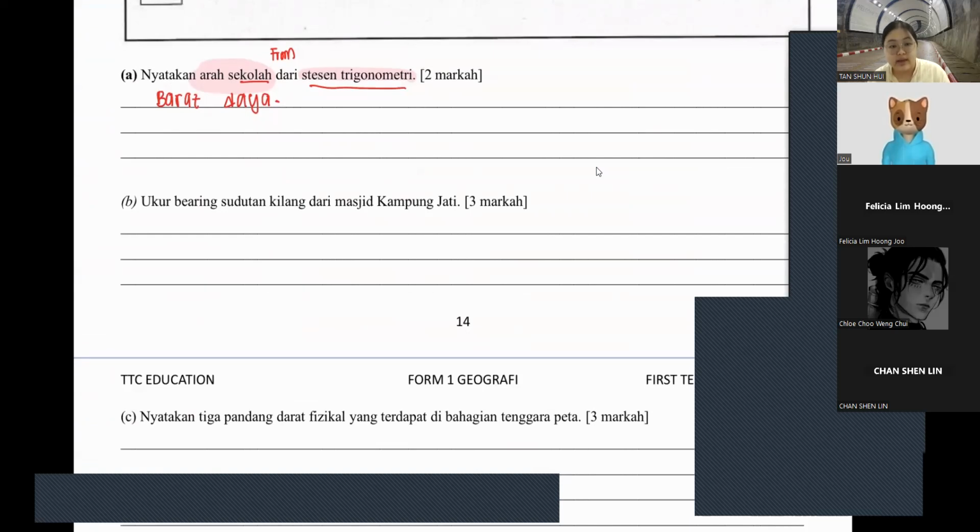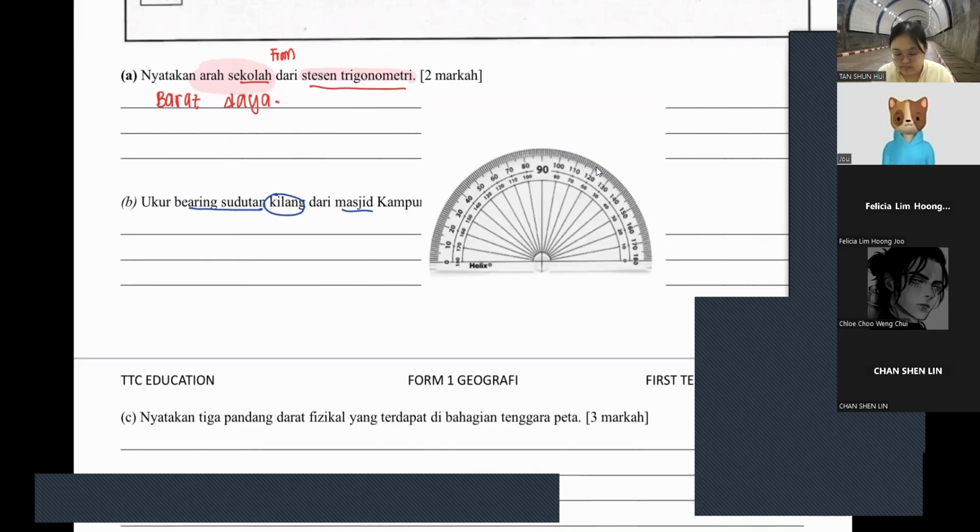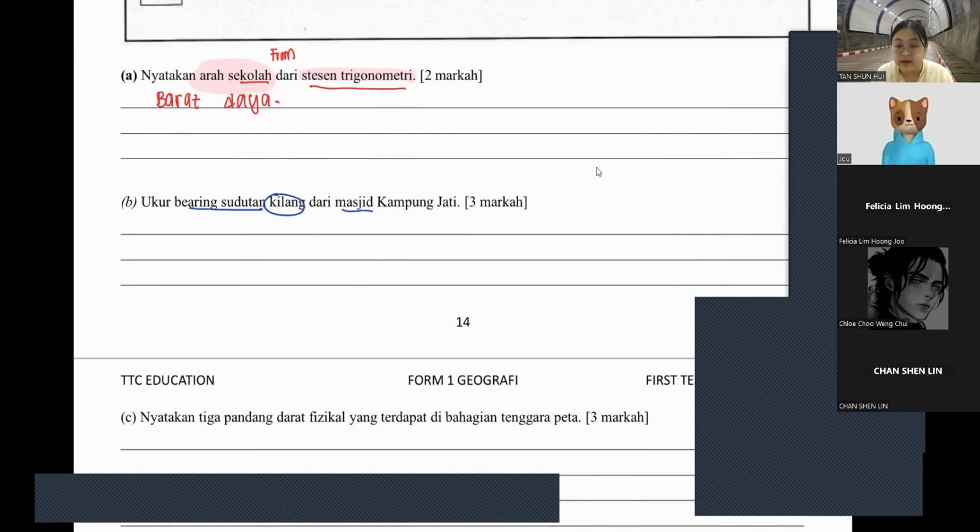They said, ukur bearing sudutan kilang dari Masjid Kampung Jati. For bearing sudutan, first I need to use a protractor, which is your jangka sudut. You have this with you, right?